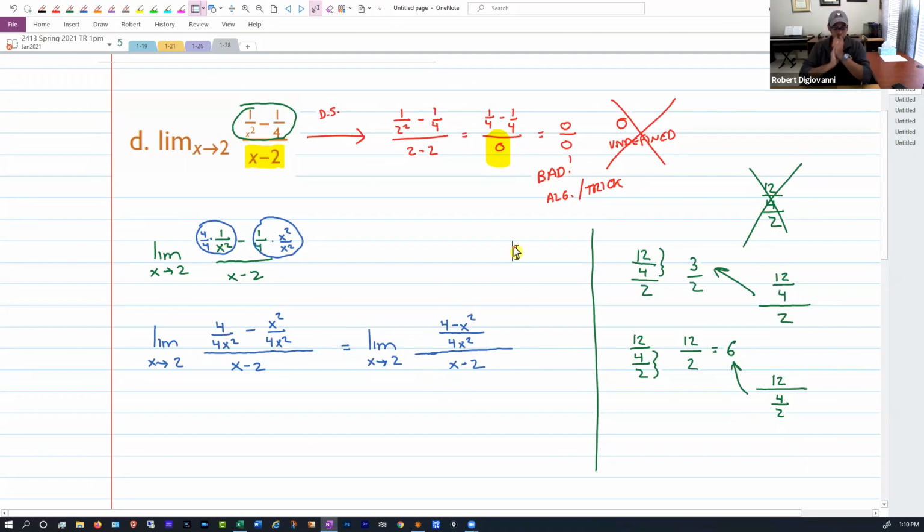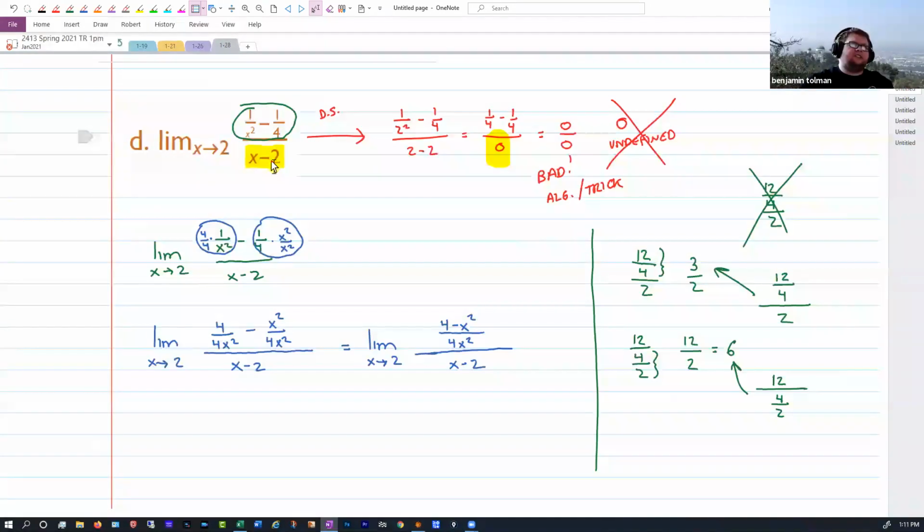Okay, so I'm trying to get the x minus 2 to somehow go away. Does anybody see something we can do? Does anybody recognize anything there? Something special that we may have looked at in college algebra?